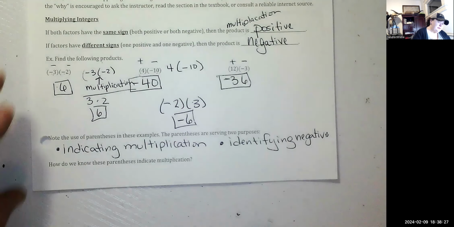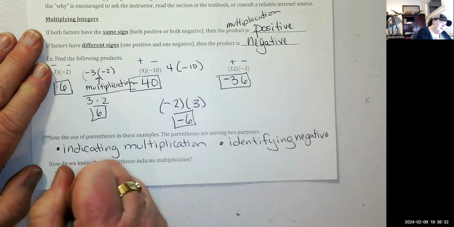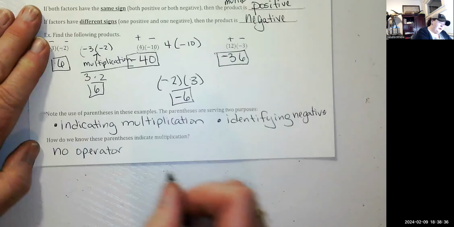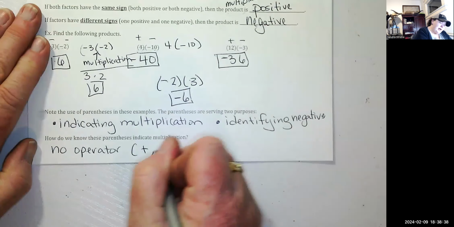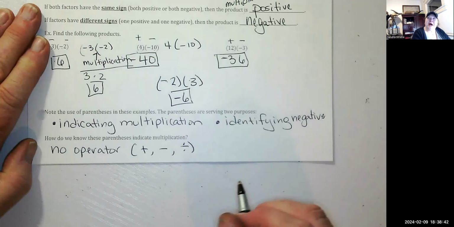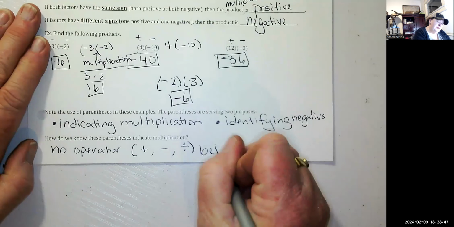I think I just described it, but the better way to say it is there's no operator. There's no plus sign, subtraction sign, or division sign. It's okay to have a multiplication sign, but none of the other operators between them.